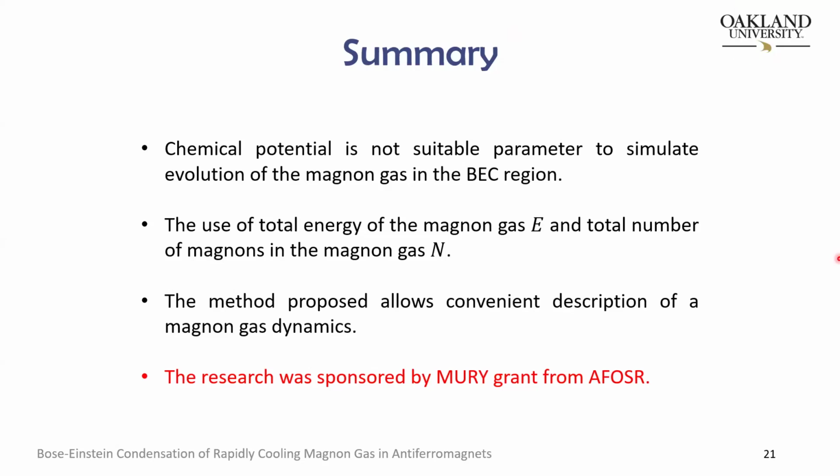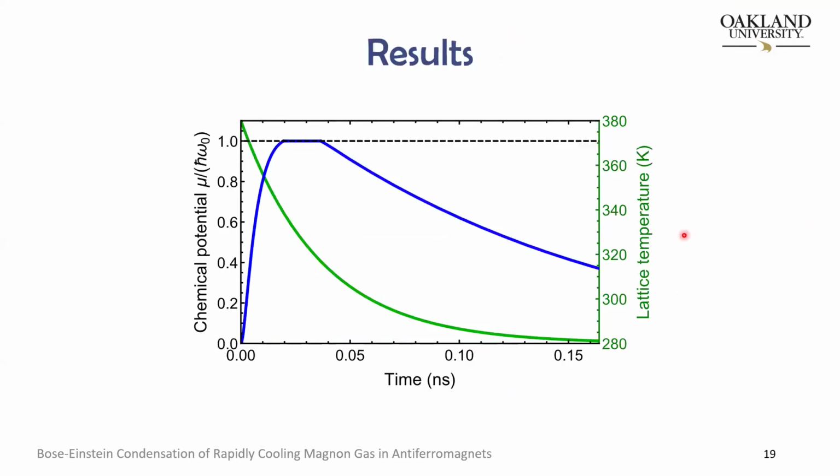Typically, the condensation survives more than 100 nanoseconds, and I saw that your condensation survived only, say, sub-nanoseconds. So what do you need to do to make the condensate last more than, say, 100 nanoseconds? Okay, so the 100 nanoseconds time is the one from the first picture, the experimental one.